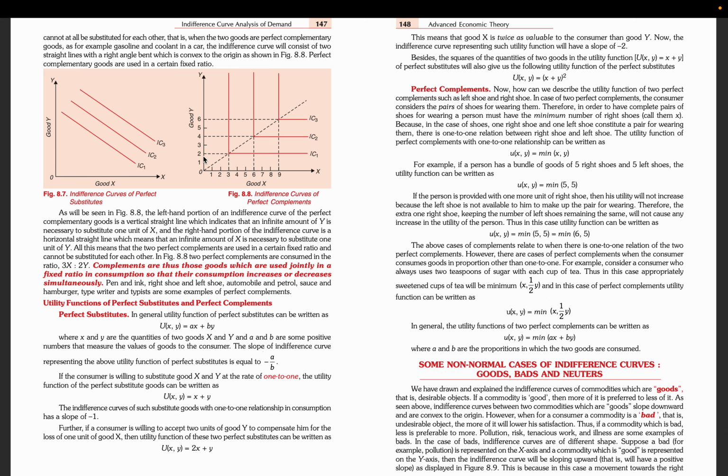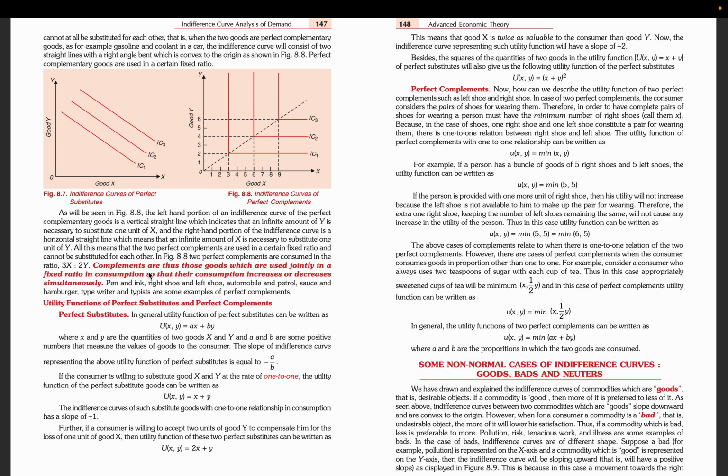As will be seen in figure 8.8, the left hand portion of the ICs of perfect complement goods is a vertical line which indicates that infinite amount of y is necessary to substitute 1 unit of x, and the right hand side IC is a horizontal line, which means that an infinite amount of y is necessary to substitute 1 unit of x. All this means that two perfect complements are used in a certain fixed ratio, like I just mentioned, and cannot be substituted for each other.